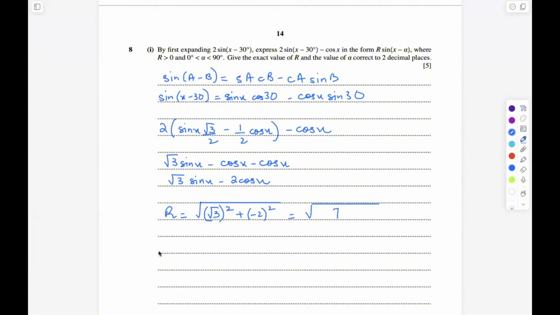And to find alpha, alpha will be equal to tan inverse of 2 divided by root 3. Substituting this in the calculator, we'll get 49.106, and we can simplify it to 49.11. So alpha will be equal to 49.11.